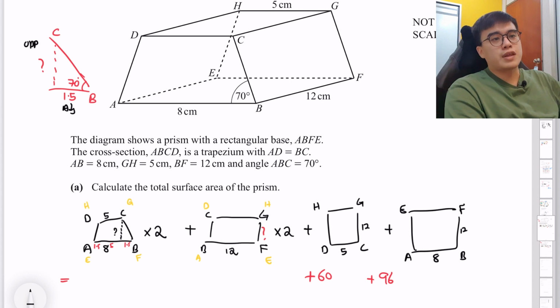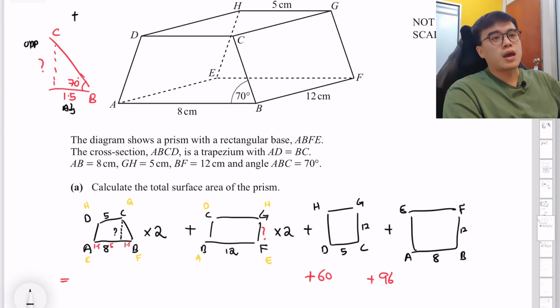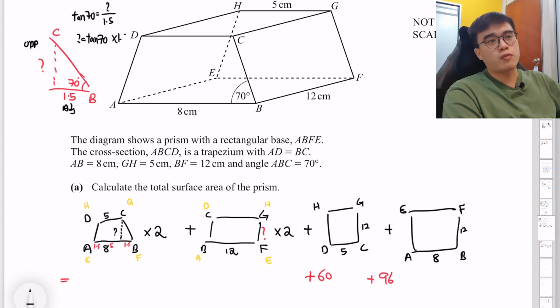Having the 1.5 as my adjacent on the red triangle that I drew on the top, we are looking for the opposite as the height of the trapezium. So this will involve tangent 70 equals unknown over 1.5. By taking tangent 70 multiplied by 1.5, you get 4.12. That will be the height of this trapezium.